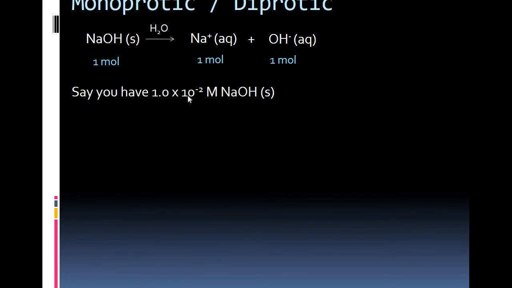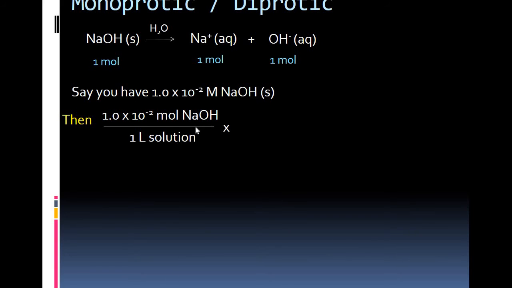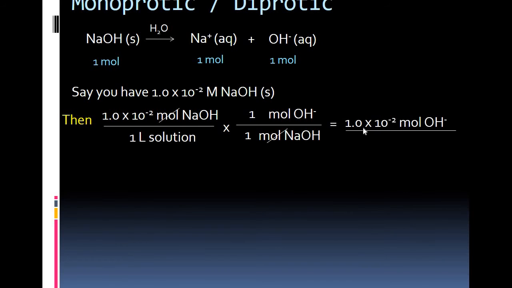If you have 1.0 times 10 to the negative 2 molar NaOH, then we can do the calculations. It just means that for every 1 mole of this, you're going to get 1 mole of that. We can show the math: 1 mole of OH. That also becomes your moles of hydroxide. So the moles of your sodium hydroxide would be your moles of hydroxide because it is monoprotic.